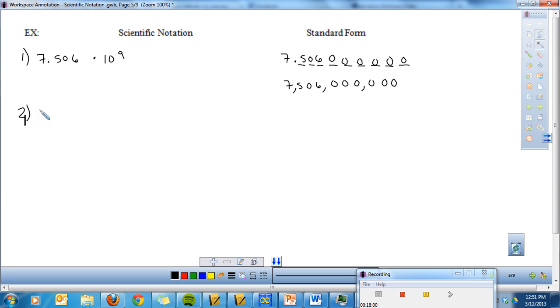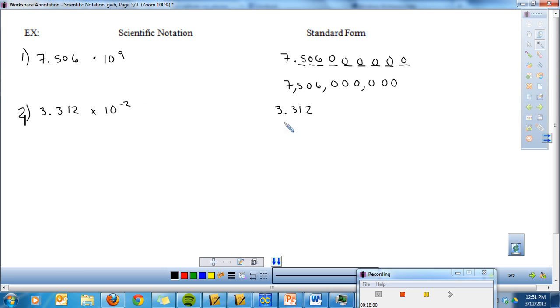All right, let's go ahead and do another example. Let's say you had 3.312 times 10 to the negative second. And you'll notice I'm using either a dot or an X, but they both mean times. So first thing we want to do is write out the number 3.312. Now this is a negative exponent, so I know my number is going to be less than 1 and greater than 0.